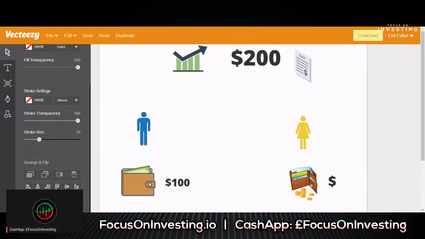Remember, for you to exit your position, the stock has to be available in the first place for you to rebuy it and exit. If there's no float, you can't exit the position.